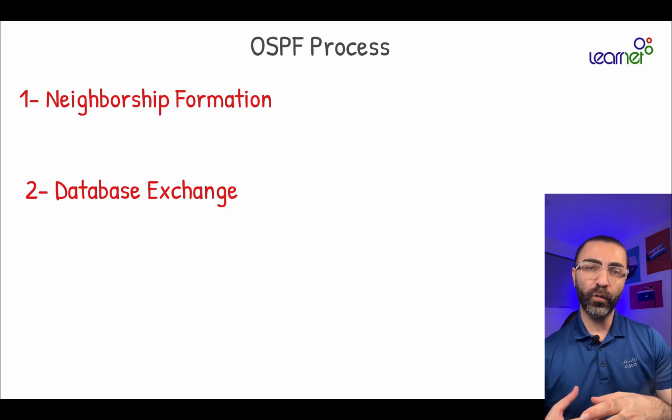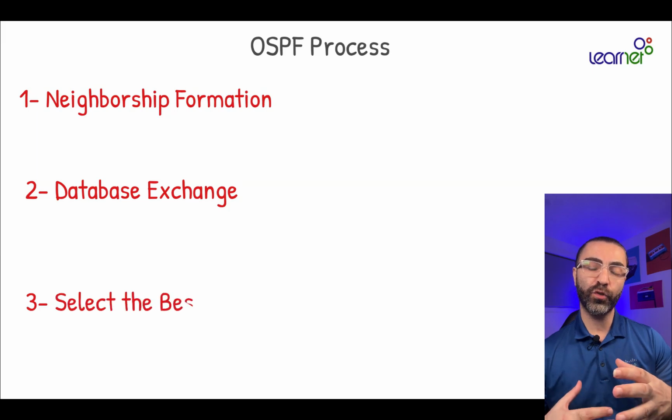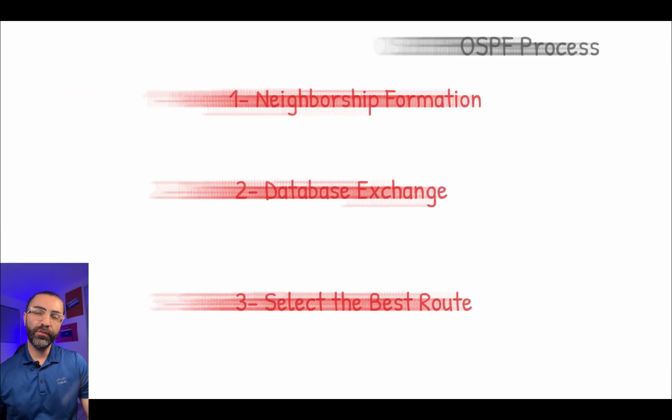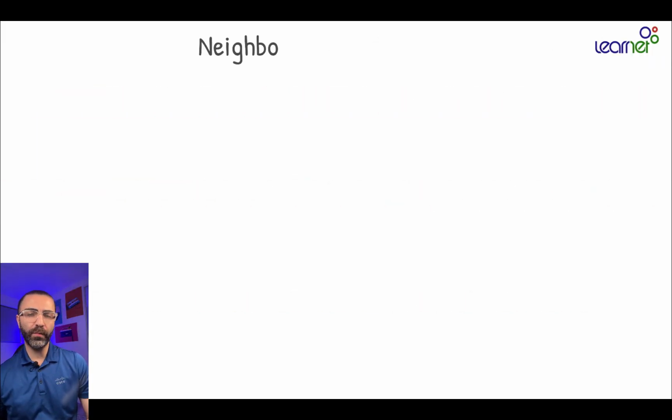And finally, once all routers know about all available subnets and routes, they start to calculate the best route and install that route in the routing table. Now let's go through each of these steps one by one.